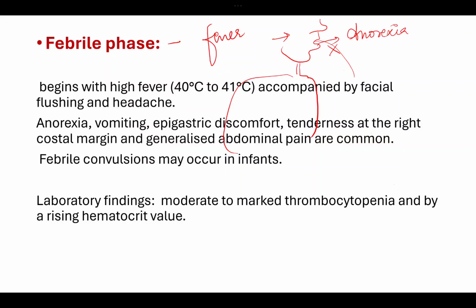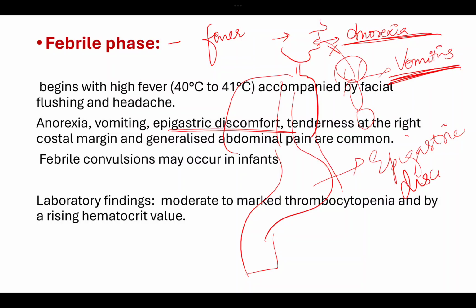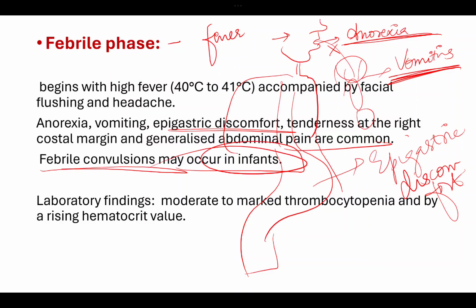Then the patient will have lots of vomiting, and then we have epigastric discomfort. Anorexia, vomiting, epigastric discomfort, abdominal pain. These are the common symptoms. Febrile convulsions may occur in cases of infants.